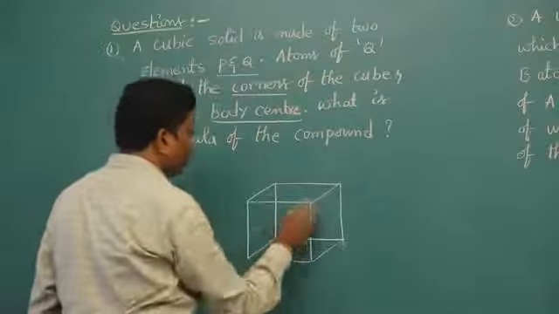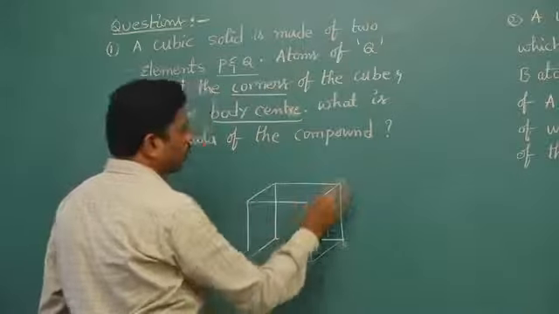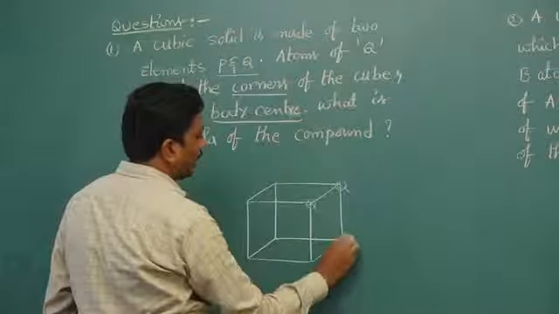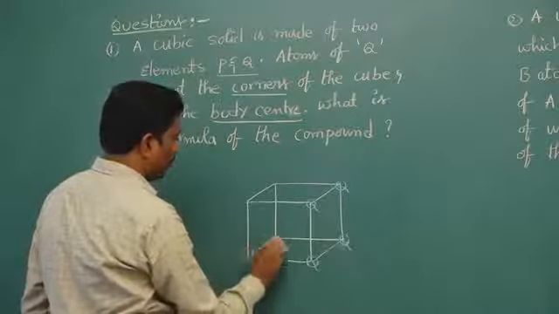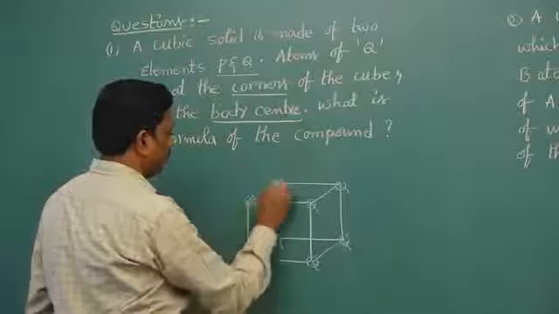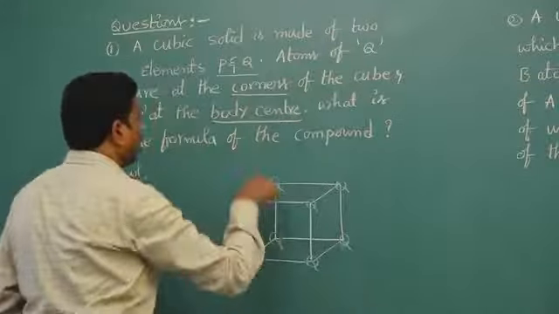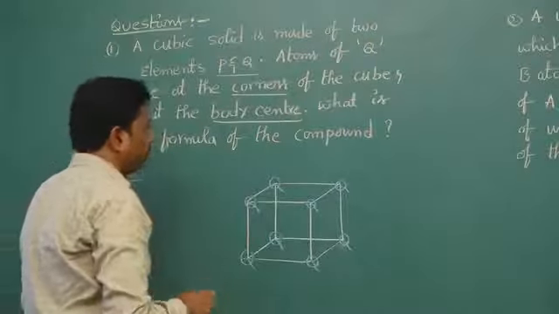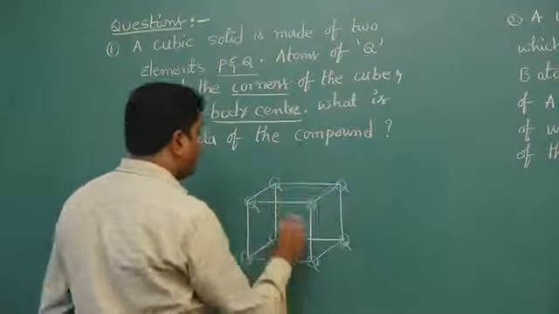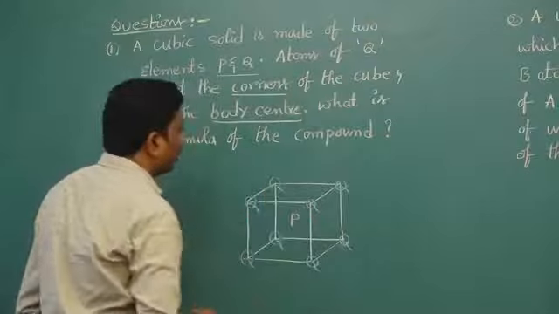So, Q atoms I am placing at corners. Next, P is at body center. So, the cube has one body, and exactly at the body center P is there.